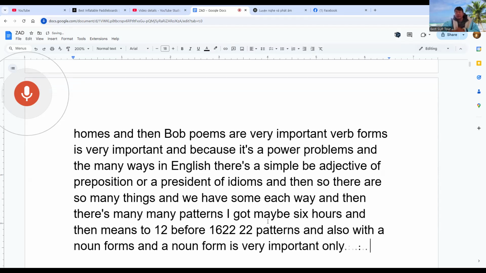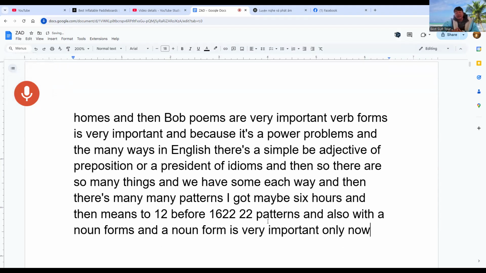Only a noun, or a noun phrase, and a noun clause. Using this kind of pattern, an imperative clause can also be used in the position of a noun.